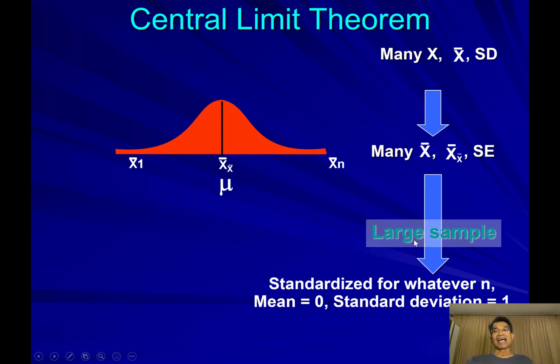Now, in a large sample, we need to have a standard normal distribution so that we can use it for inference. Therefore, the mean we take as 0, and each one point away from the mean is the number of standard deviations.